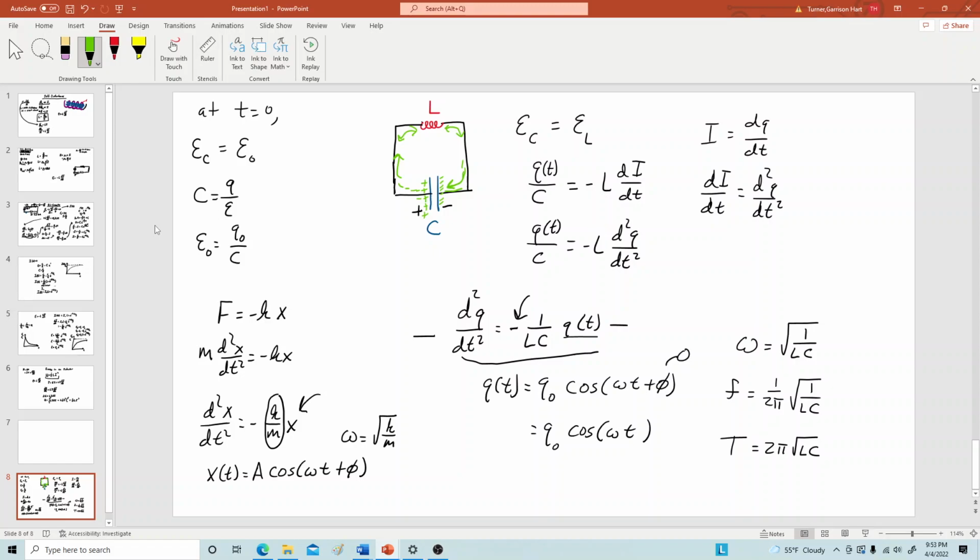And this is a hint of AC current. But that is what will happen, and it happens because of the oscillatory solutions to this differential equation. Okay, so that is oscillations in the LC circuit.